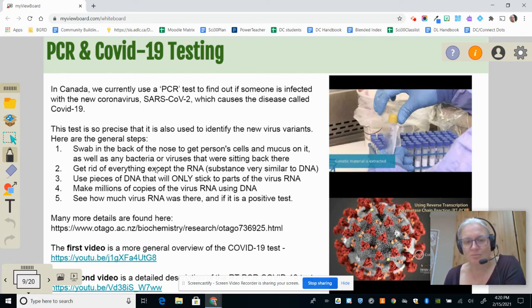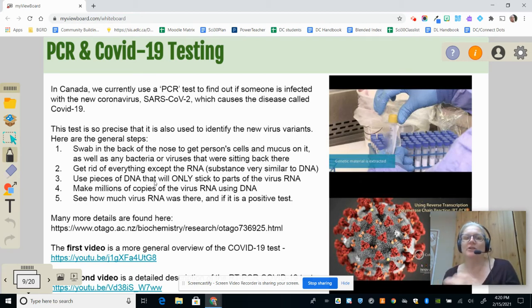They then put that sample through a bunch of processes to get rid of everything except the RNA, which is a substance very similar to DNA. It's made of almost the same bases except for one, but it functions a lot of the same ways. The virus contains RNA, so they make a copy of that RNA using DNA, and then they amplify it and make millions and millions of copies of that DNA that matches the virus RNA.